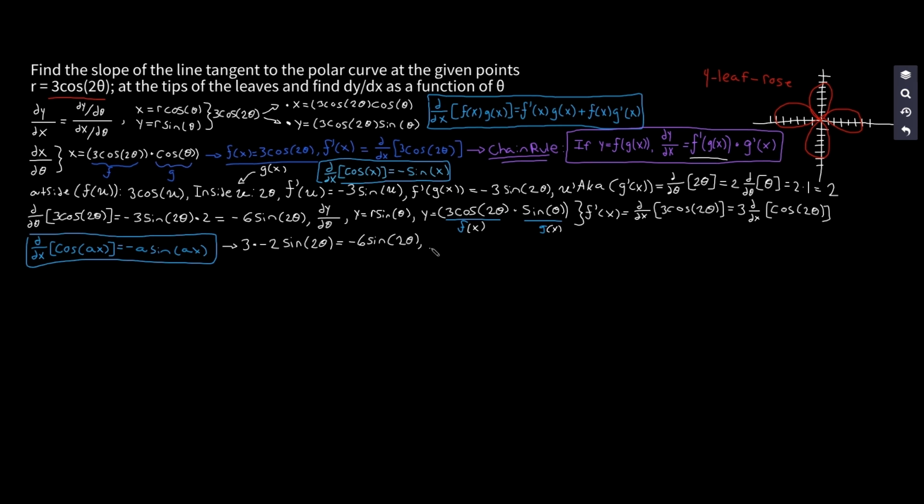All right, then we're going to have to work on that g prime of x. Okay, so g of x is set to sine of theta. And the derivative of sine is cosine. So g prime of x is going to be the derivative of sine of theta.